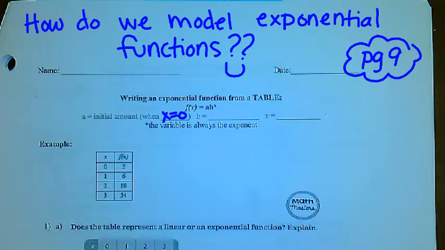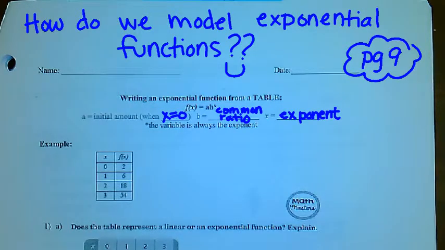B is going to be equal to the common ratio, and I'll talk more about the common ratio later on in the lesson. And x is the exponent. We're going to be talking about this again in function notation, so f of x.